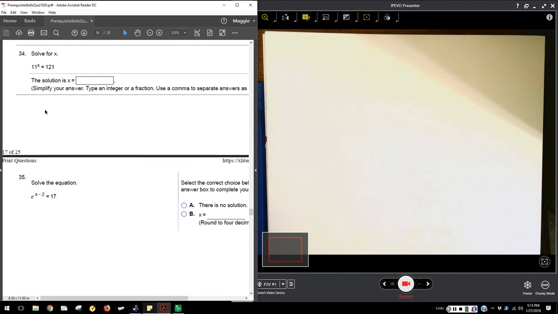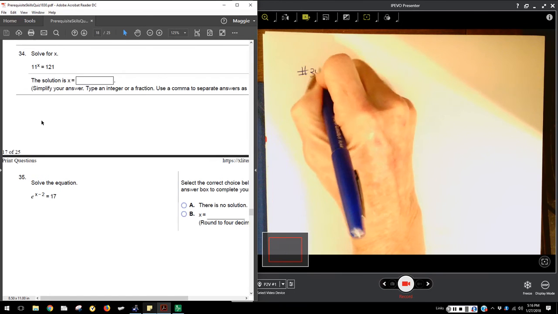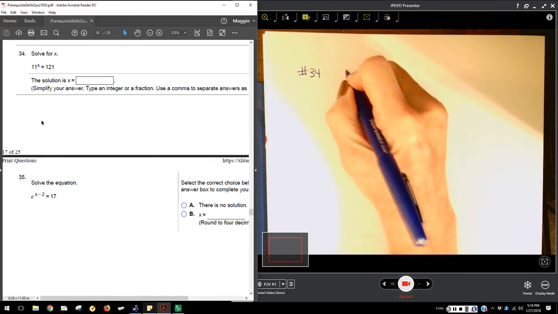The one thing I want you to remember is that exponential expressions can be solved by an algebraic process called logarithms. But we don't necessarily have to solve number 34 by logarithms. This says solve for x.